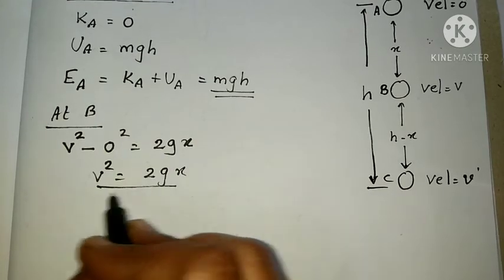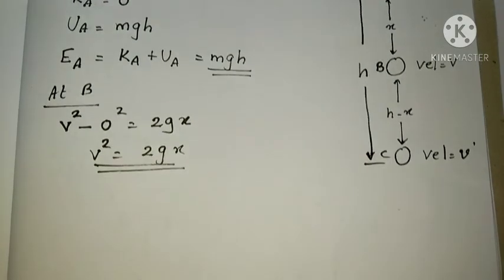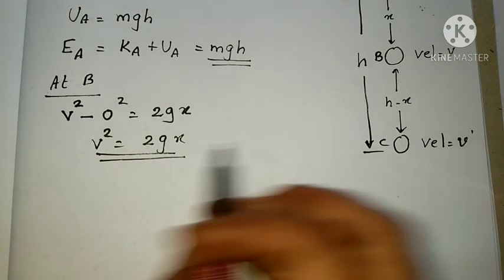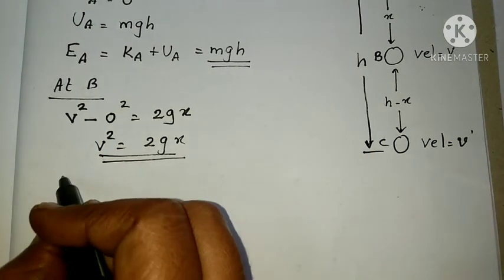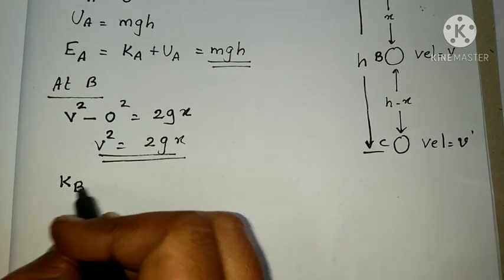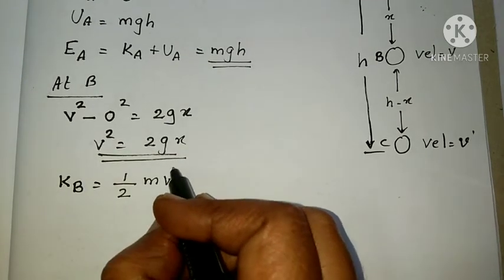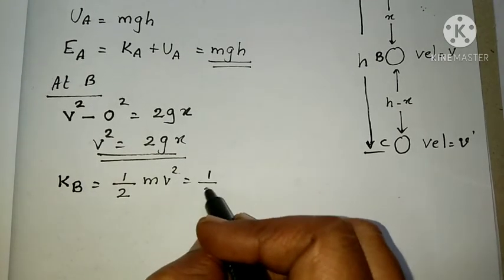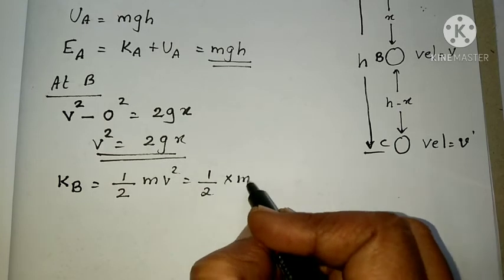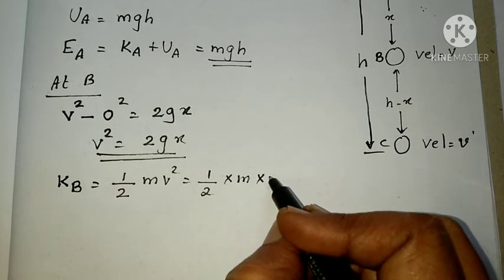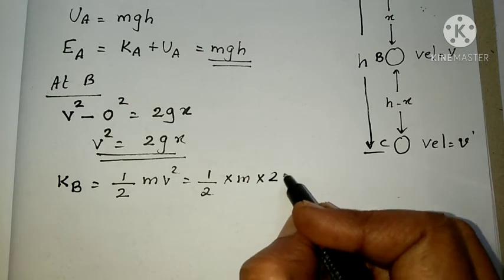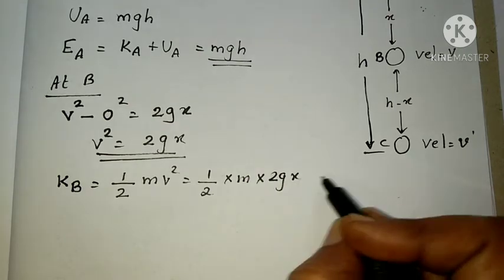So we got the velocity v square. Then we can write the kinetic energy and potential energy at B. So kinetic energy at B is equal to half m v square, that is equal to half into m into 2gx, since v square is 2gx. So what is the answer here?